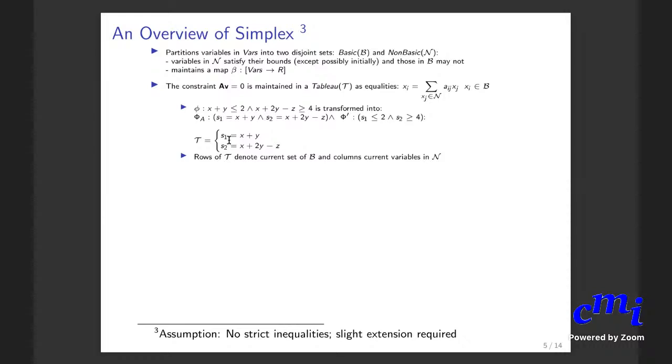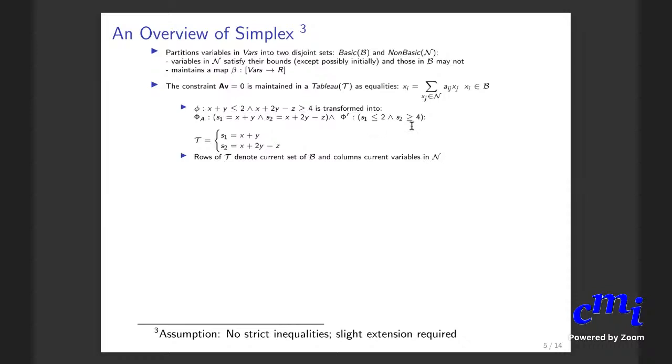So the left-hand side of this equation are the current set of basic variables, and the columns, one for each of the terms, are the non-basic variables. To begin with, the newly introduced variables will be in the basic set, and the program variables will be in the non-basic set.